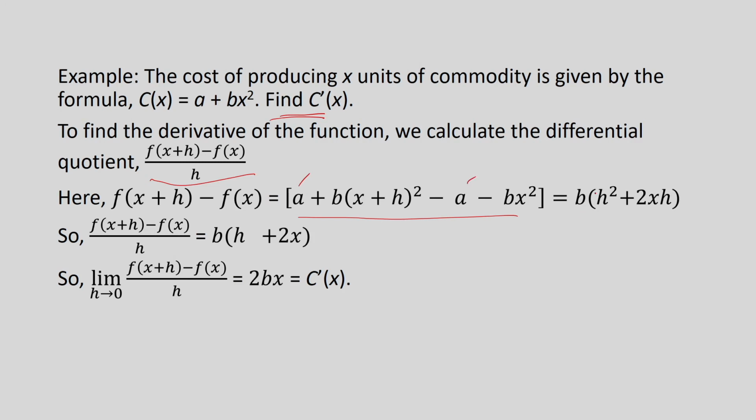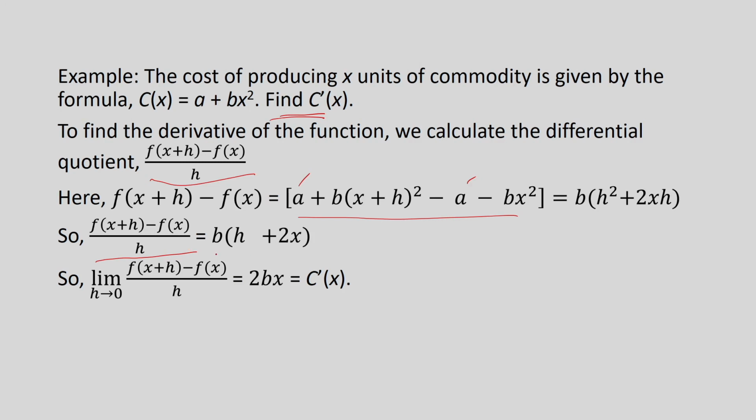I can take b common, and x square will also get cancelled, and what we are left with is b multiplied by h square plus 2 x h, and I have to divide it by h to get the Newton quotient.